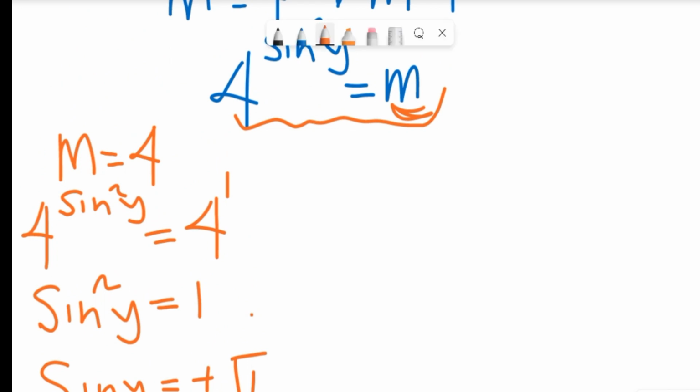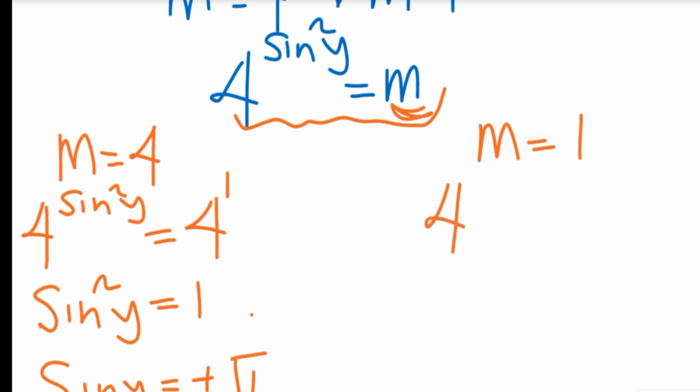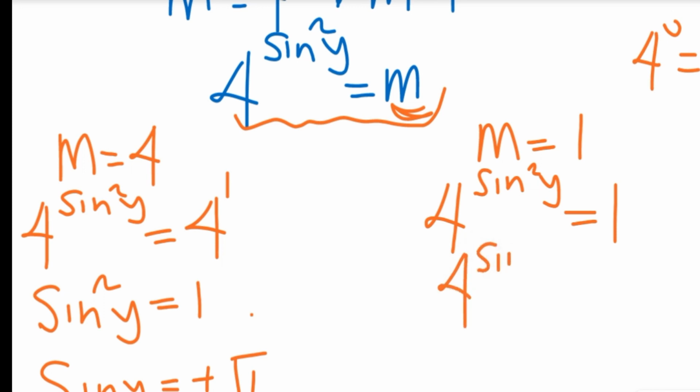Now on the other hand, if we take m equal to 1, we'll have 4 to the power of sine square y equal to 1. Now recall that anything raised to power 0 is equal to 1. So we're going to make 1 be 4 to the power of 0. The reason we do that is so that the left hand side and the right hand side will have a common base.